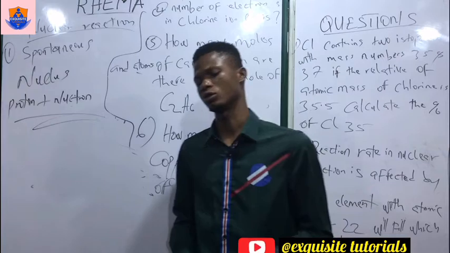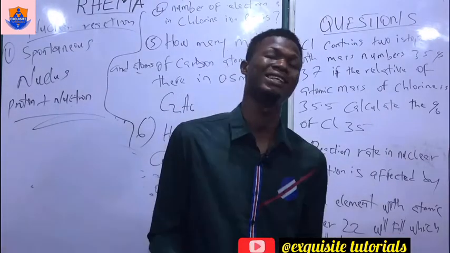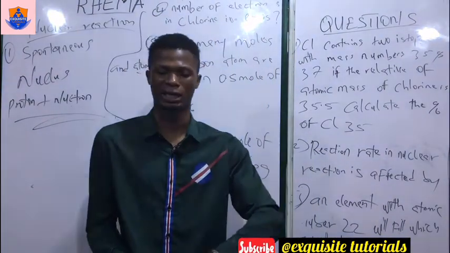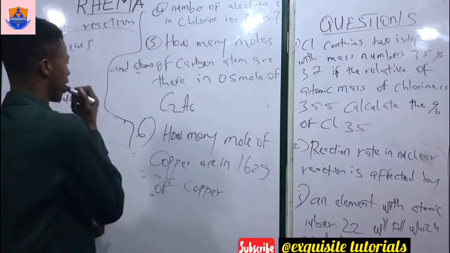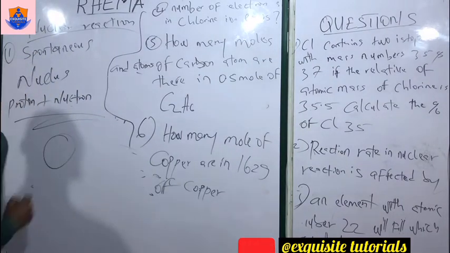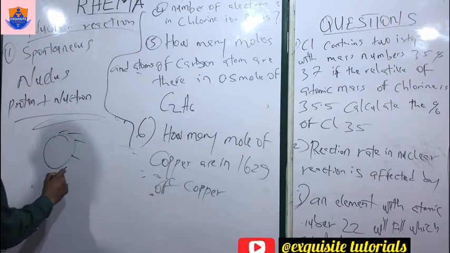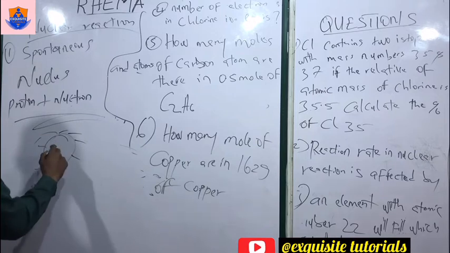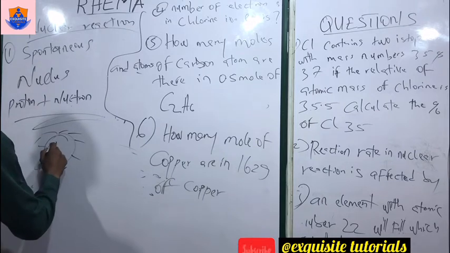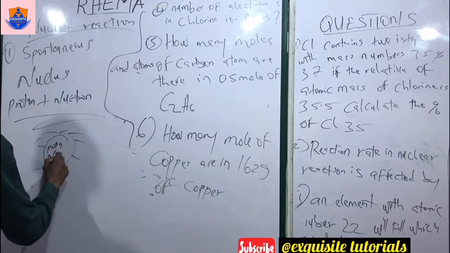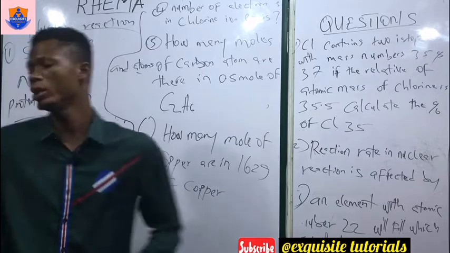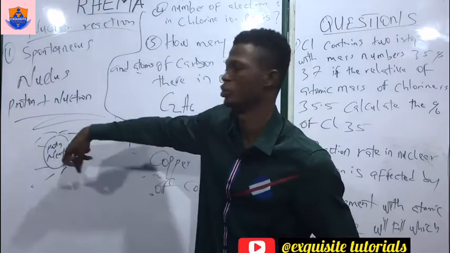So that is to say that the nucleus of an atom determines its mass. This is an atom, the electrons are here, while the proton and the neutron are here.